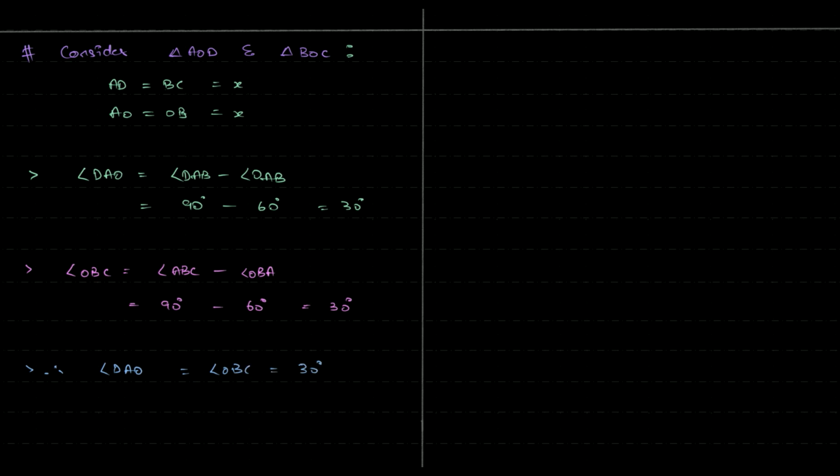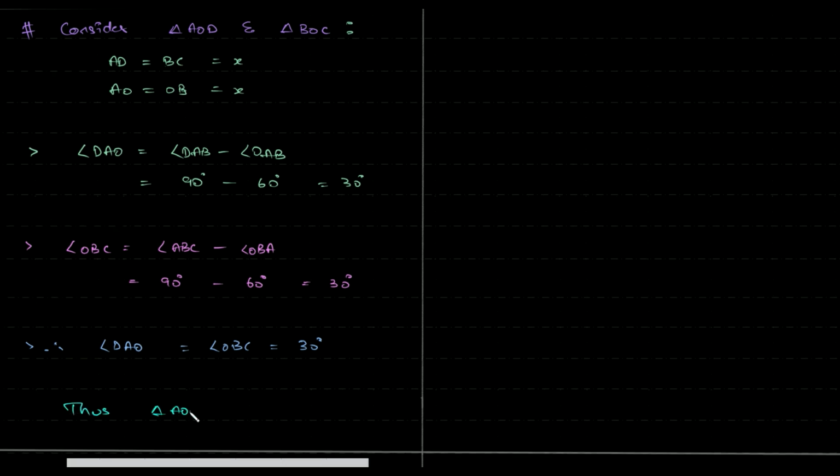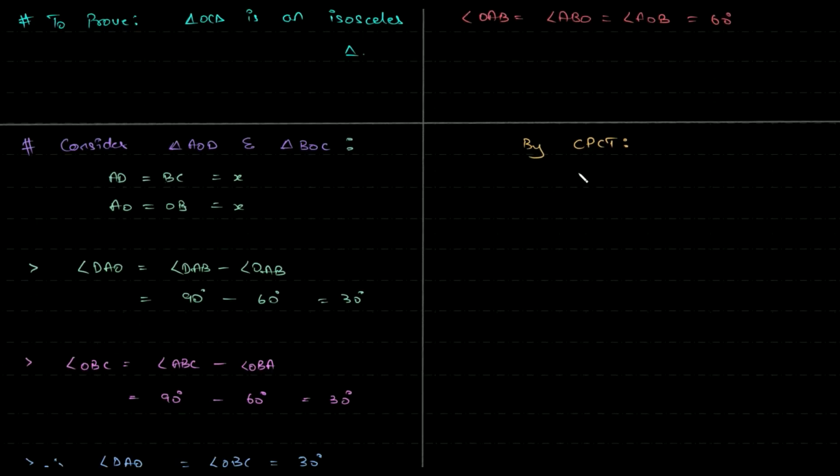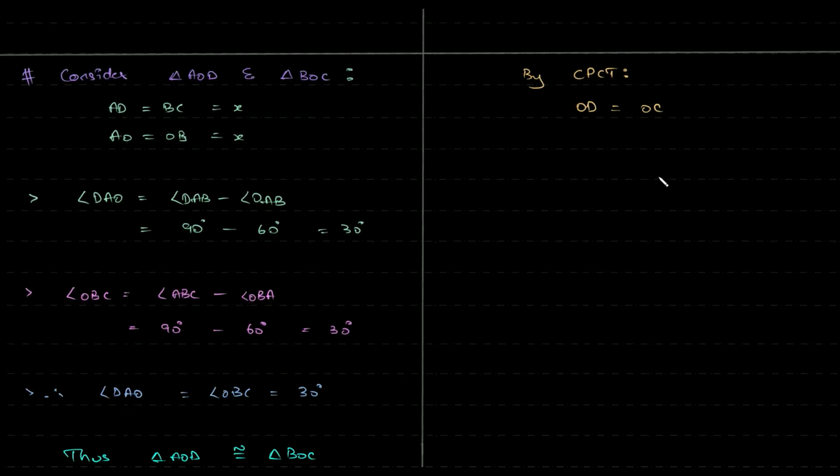With all of the above, what can we conclude? Thus, triangle AOD is congruent to triangle BOC by the side angle side criteria. With this, by CPCT, corresponding parts of congruent triangles, we have OD is equal to OC.